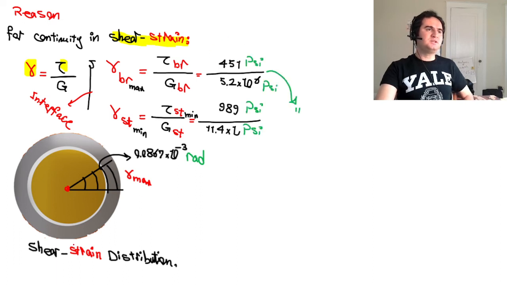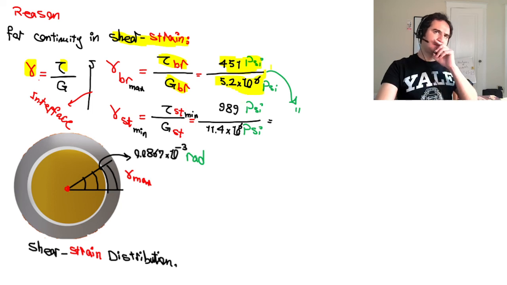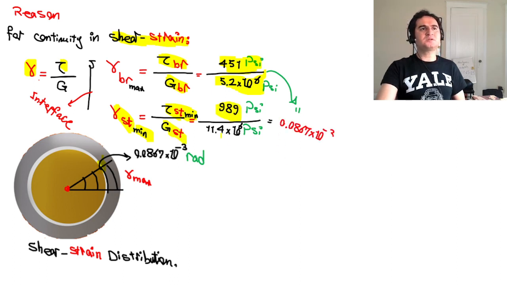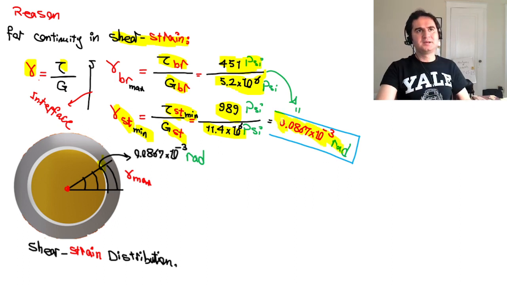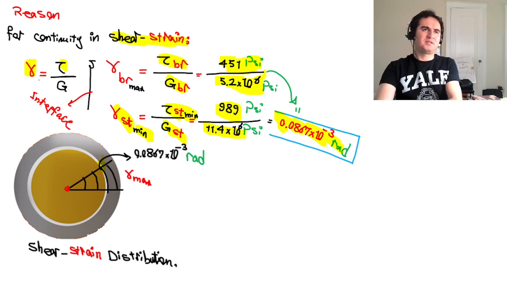If you replace the numeric values, tau brass is 451 from the previous calculation, G brass from the problem statement is 5.2 times 10 to the 6 psi, and gamma steel at the interface goes by the minimum, smaller radius, tau steel minimum over G steel, 989 over G of steel, which is 11.4 times 10 to the 6. Both of these calculations give a numeric value of 0.08, almost 10 to the negative 3 radian.